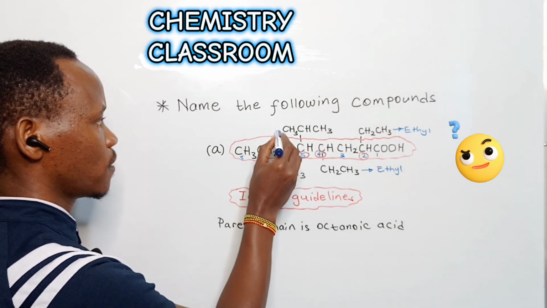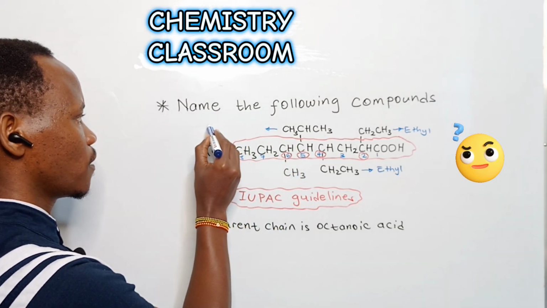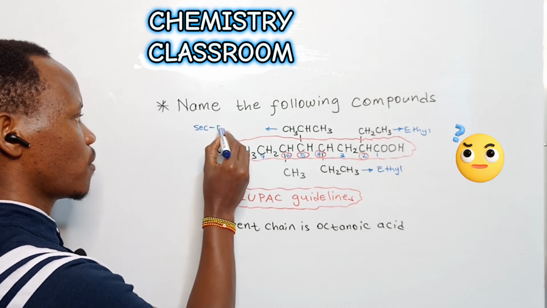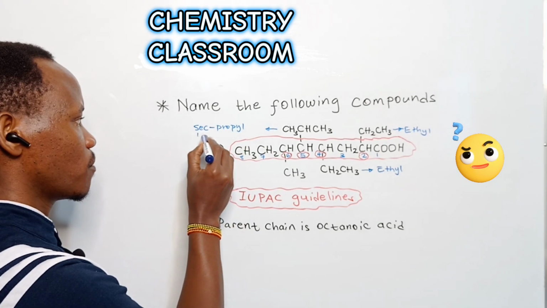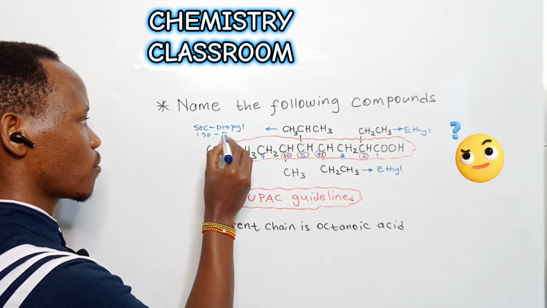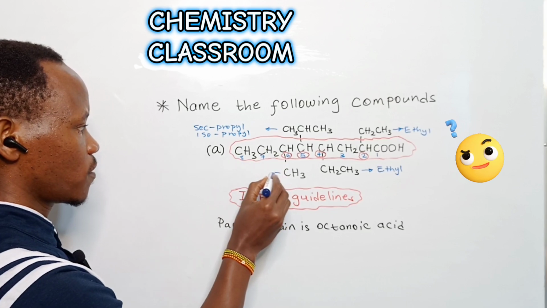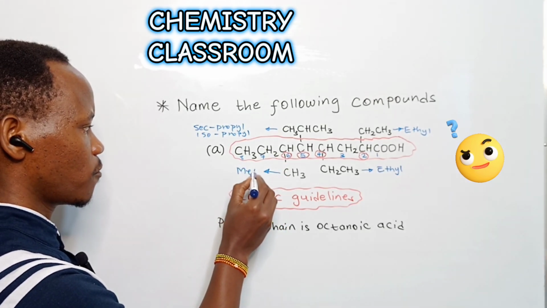We have also seen that this substituent has two names. The first name is secondary propyl, but it can also be isopropyl. And finally, we have also seen that this substituent is simply a methyl group.